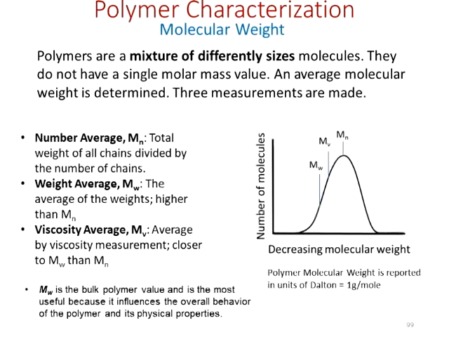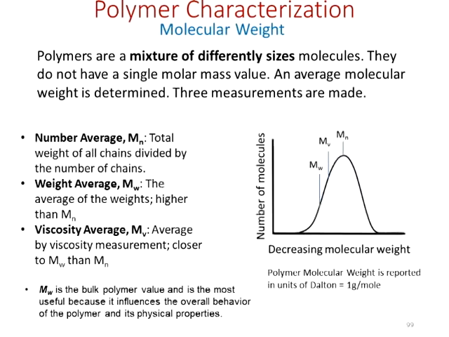The weight average molecular weight is basically the average of the weights, and that's what your MW is. It's obviously skewed toward the front end of the exclusion, because that's where the higher molecular weight ones come out, and it's higher than the MN. The viscosity average, MV, is by viscosity measurement.